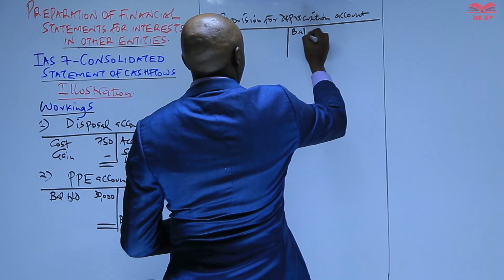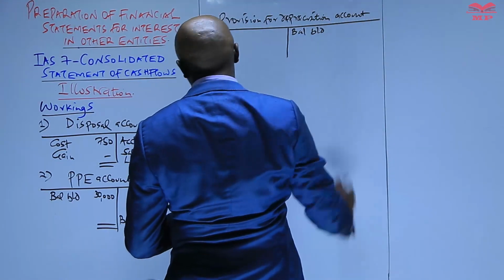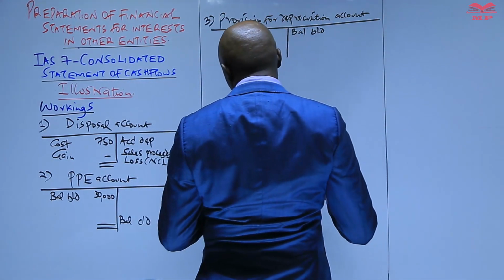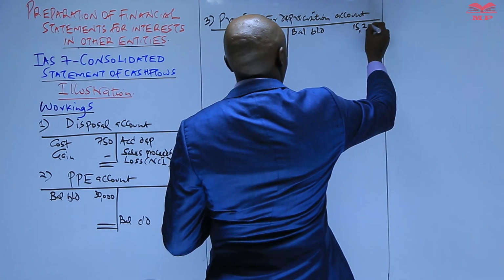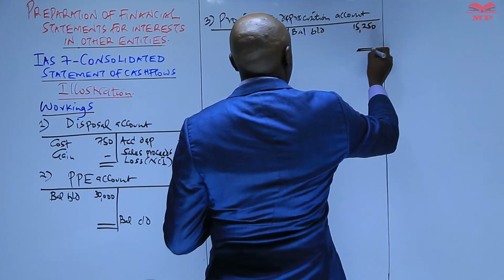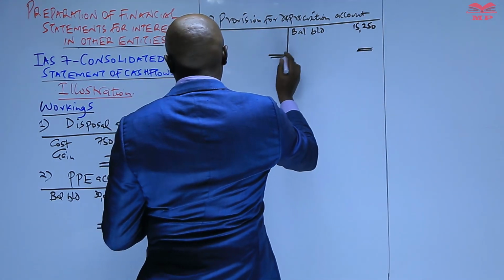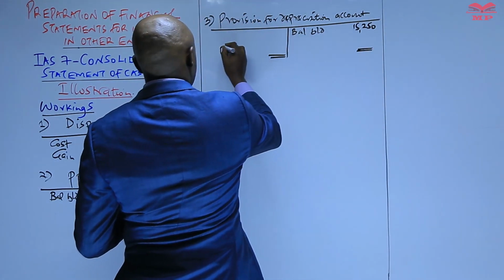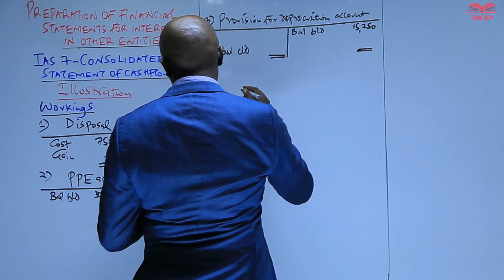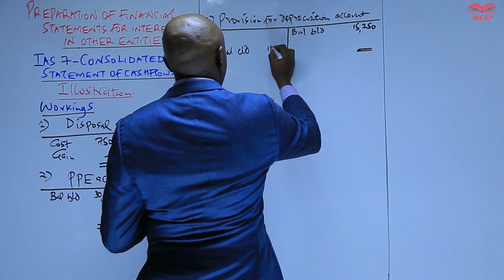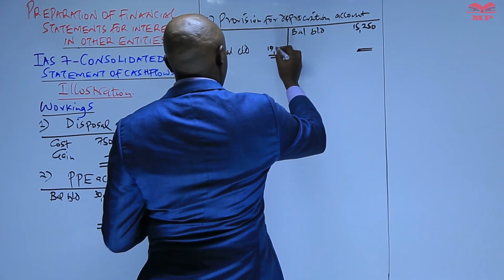The provision for depreciation account always has a credit opening balance. So the opening balance is 15,250, and then the closing balance carried down is 19,500.